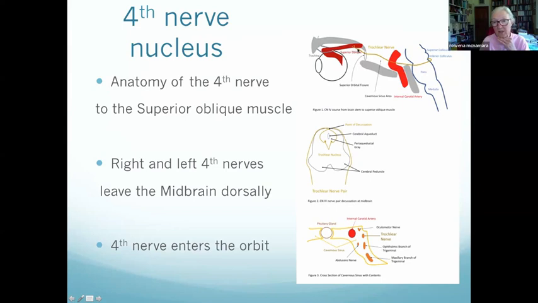And it inserts into the superior oblique muscle. And then remember, the muscle comes forward through a trochlea, and then it inserts behind the center of rotation of the eye. So when this tendon is pulled tight by the muscle contracting, the eye goes down.